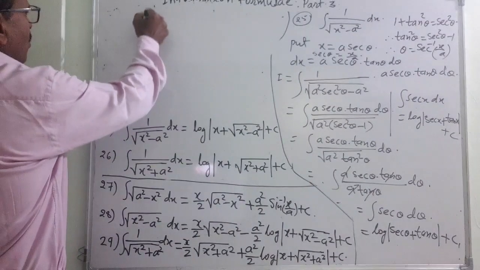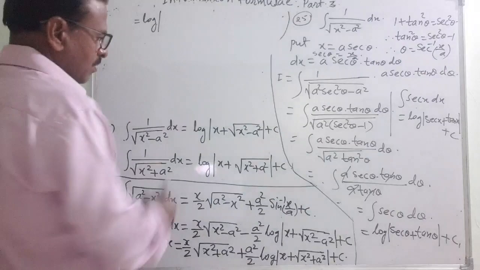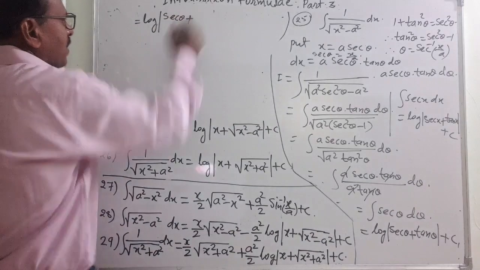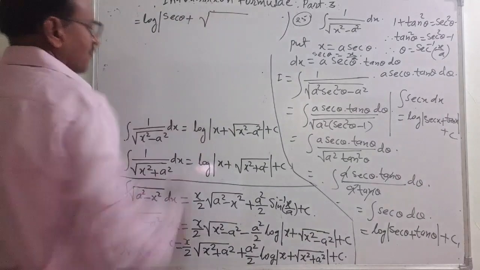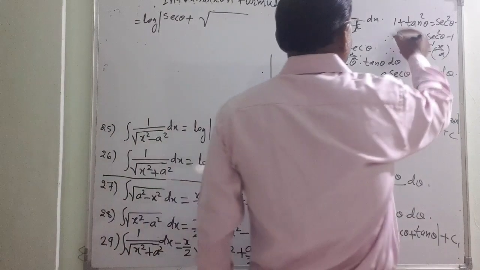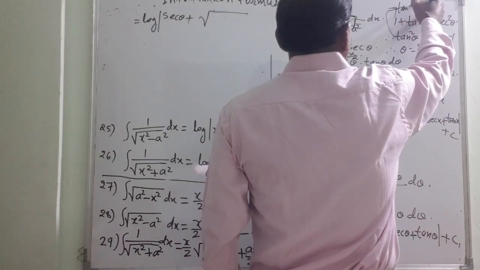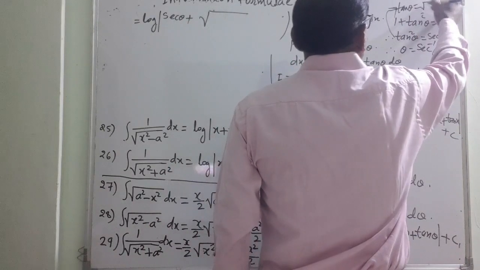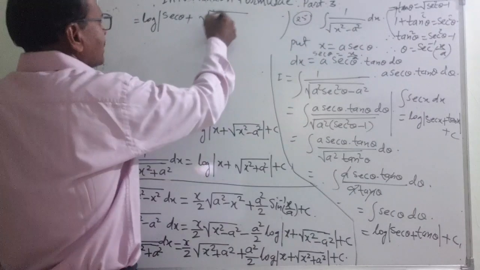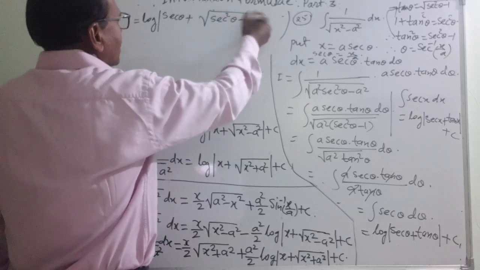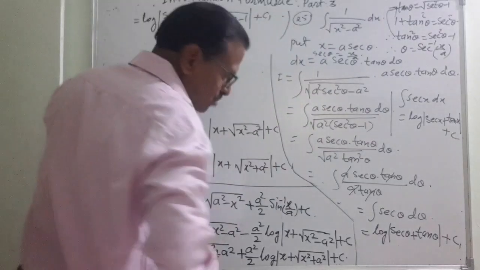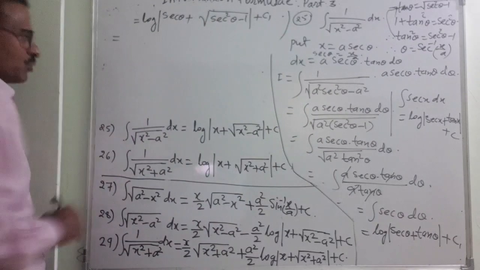That is equal to log of modulus of sec theta plus under root of sec square theta minus 1 plus my constant of integration C1 I am using here. Why? Afterwards you will come to know.